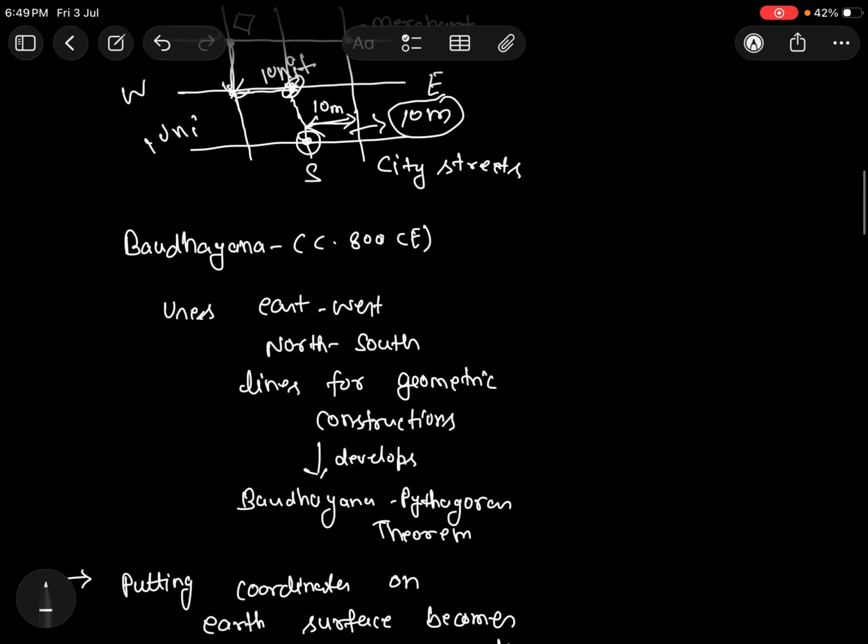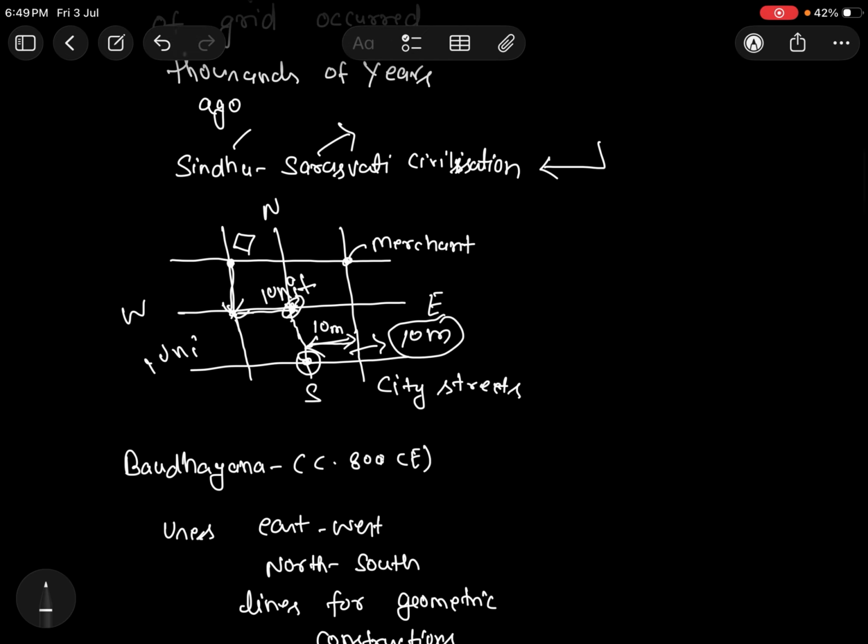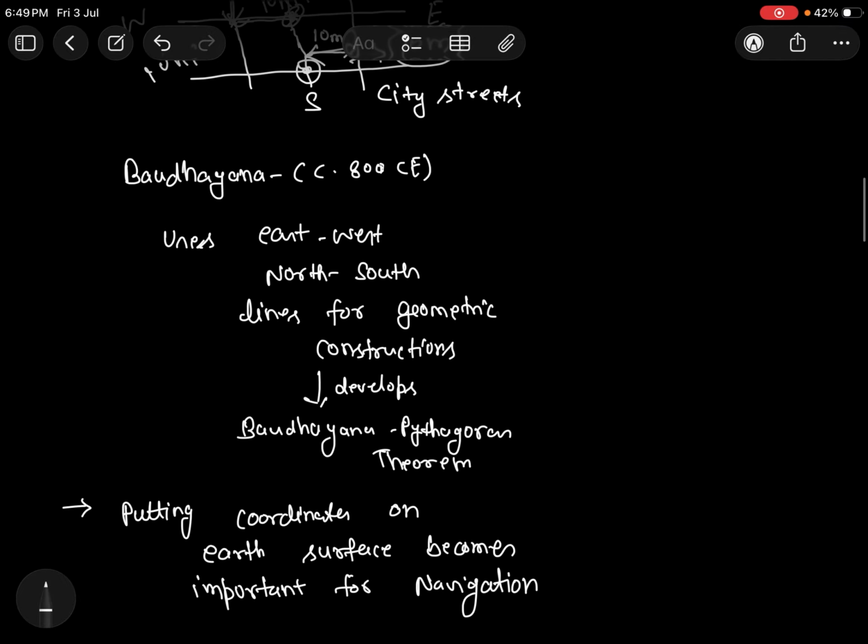And you know, in your class 8 you also read the Baudhayana Pythagoras theorem. What Baudhayana did is that he used these north-south and east-west lines as perpendicular lines for making his geometric constructions. You read it in your 8th class, like the Baudhayana and Pythagoras theorem.